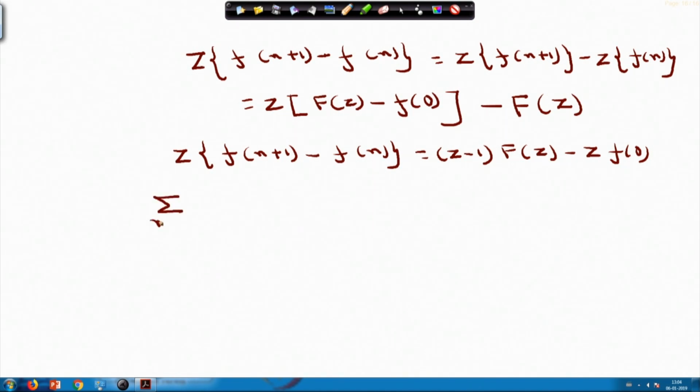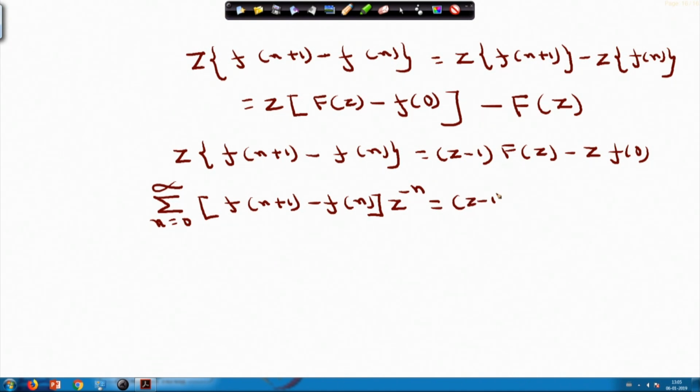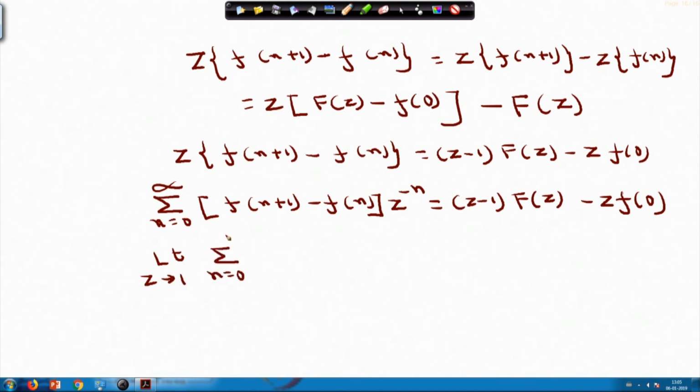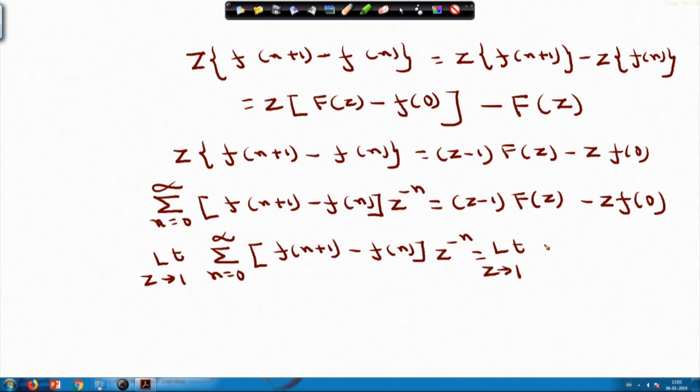Now, from here, if I take the summation n equals 0 to infinity of f of n plus 1 minus f n into z to the power minus n, that is the Z transform of f of n plus 1 minus f n, written using the definition, this is equals z minus 1 into F z minus z into f of 0. So, as z approaches 1, the limit of the summation n equals 0 to infinity of f of n plus 1 minus f n into z to the power minus n equals the limit as z approaches 1 of z minus 1 into F z minus the limit as z approaches 1 of z into f 0.